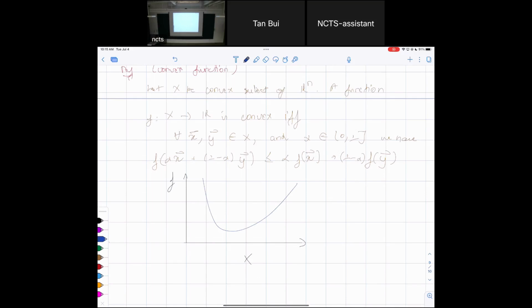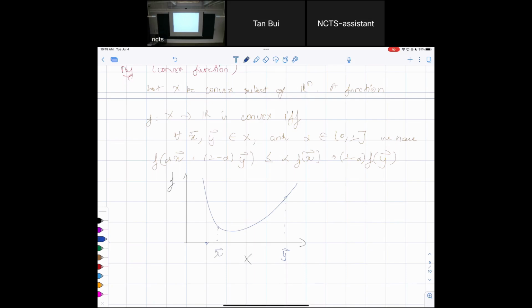If I take a point x here, and then a point y here, so I have two vectors. I think this happens to be on the same level, so let me move it a little bit, maybe here is better. So x is here, and we see a couple of things.